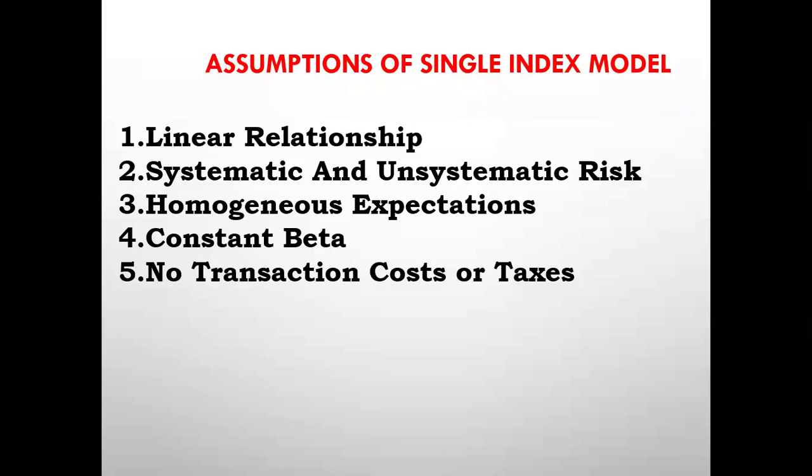It considers they make investment decisions based only on the risk-return trade-off of the securities. Then constant beta: the beta coefficient is constant. It measures the sensitivity of the security's return to the market return, which remains constant over a period of time. This implies that the relation between the security and the market index is stable.